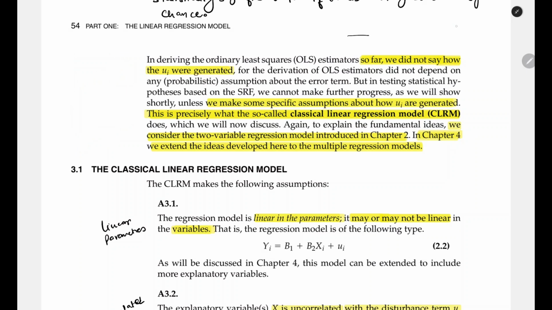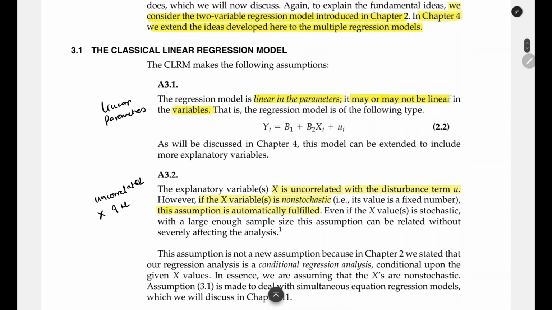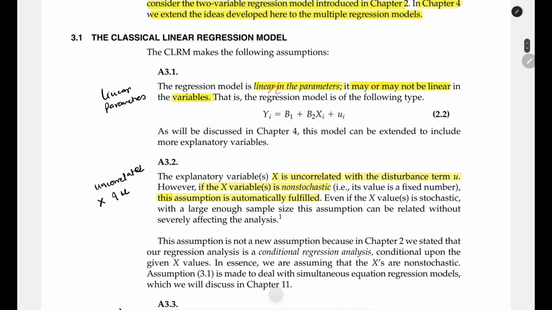So what we do is that we make some assumptions about our error term, and this is precisely called the classical linear regression model. Now we are talking about the classical linear regression model and its assumptions.